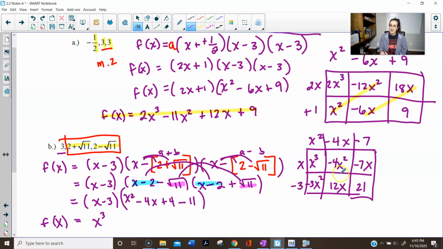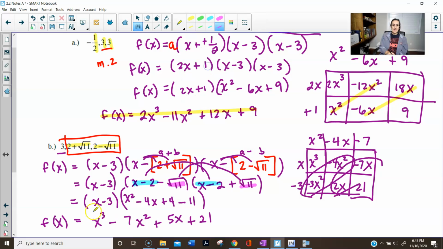And then the negative 3x squared and the negative 4x squared is negative 7x squared. And then 12x subtract 7x is 5x. And then I think that's a plus 21. And I'm going to highlight that. So there is a polynomial function, and it has these zeros.